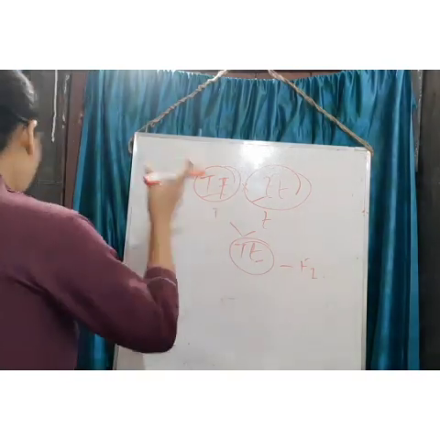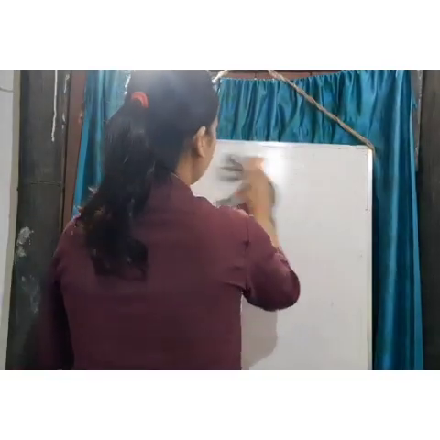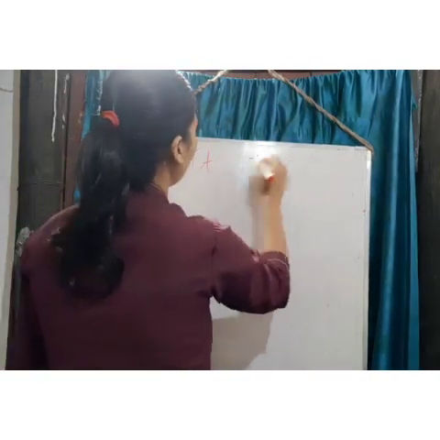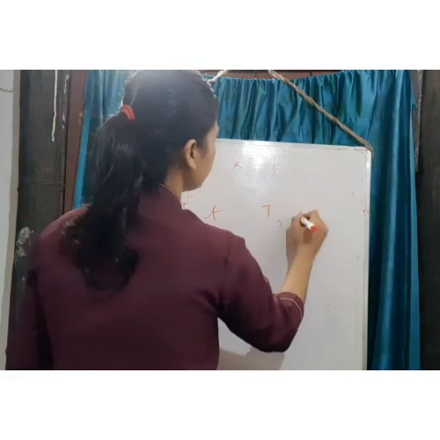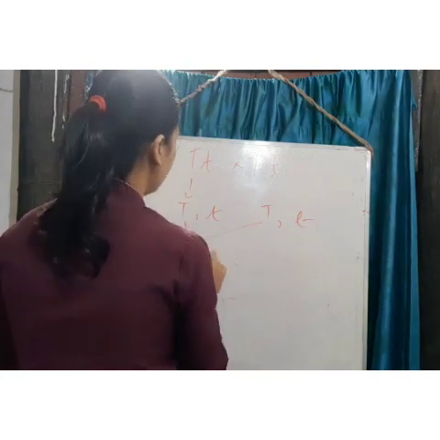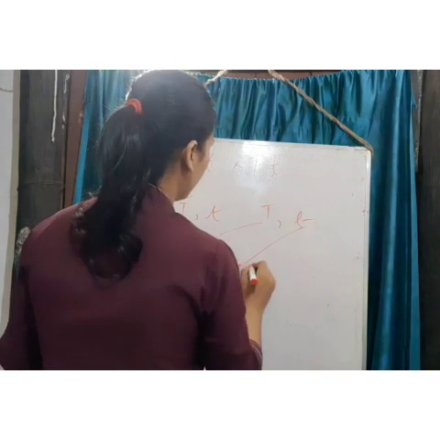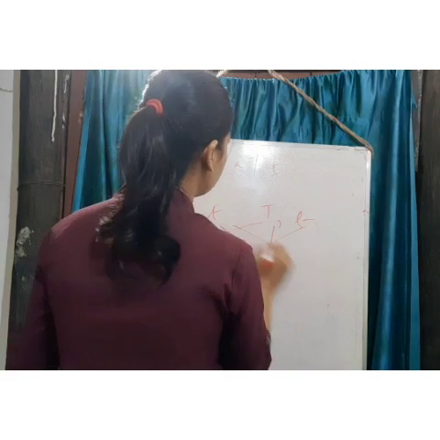Now again I'll show you the self-pollination part. See, in the self-pollination, what did we get? T, right? Then here during meiosis, during the formation of gametes, what happened? They got separated.